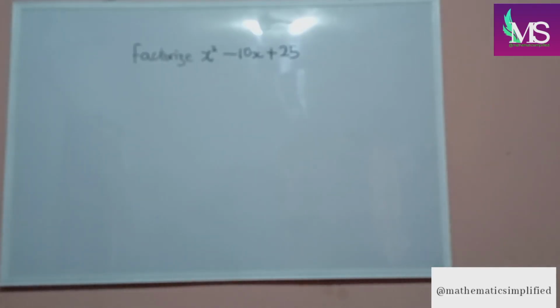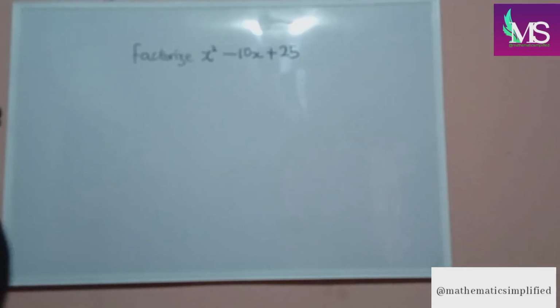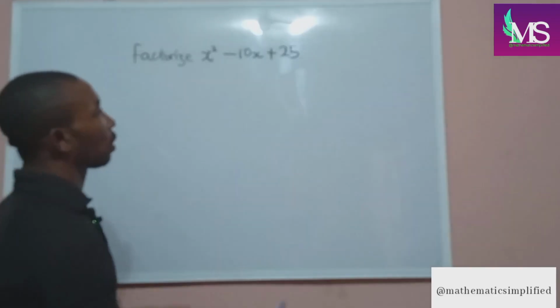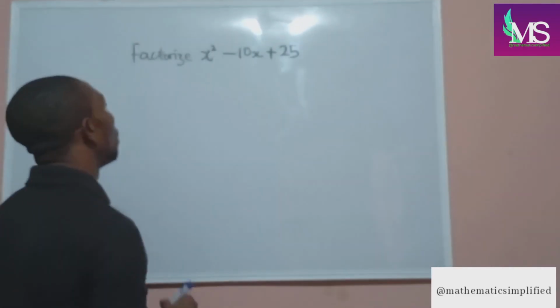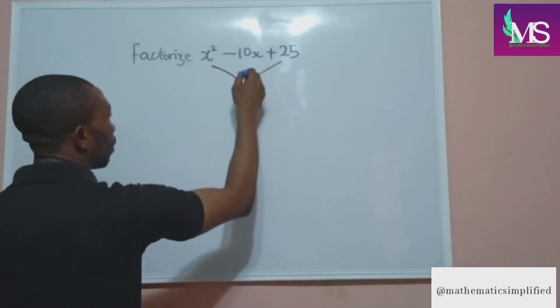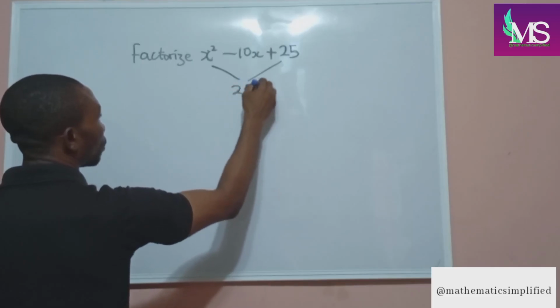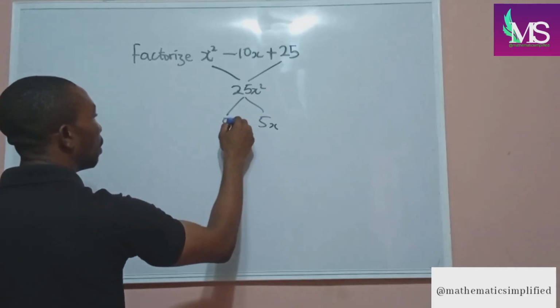And next question says, factorize x squared minus 10x plus 25. Now, in factorizing this, we are looking for the factors of 25 that will give us 10. Okay, we know that the common factors of 25 are 5 and 5.